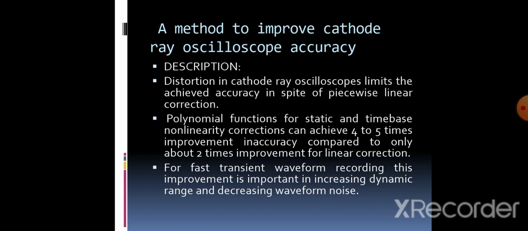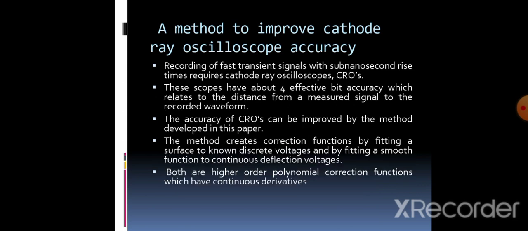For fast transient waveform recording, this improvement is important in increasing the dynamic range and decreasing the waveform's noise also. Recording of fast transient signals with sustained sub-nanosecond rise time is required.